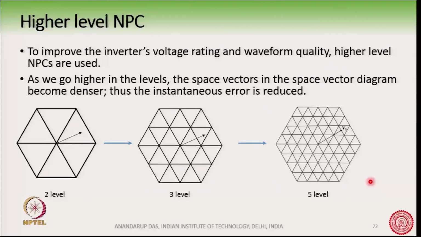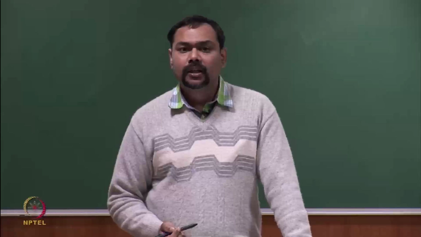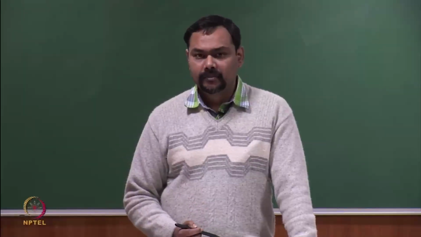So, the instantaneous error between the reference vector and the actual vectors which we are switching is reducing. And if the instantaneous error reduces, we are approaching closer and closer to the desirable sine wave. So, that is why a 5 level space vector diagram or a 5 level NPC will be better in terms of waveform quality than a 3 level NPC.